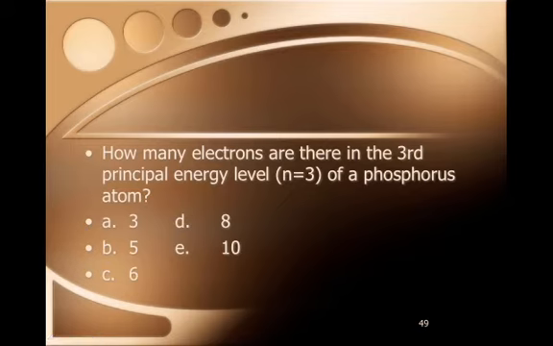How many electrons are in the 3rd principal energy level of phosphorus? So find phosphorus, number 15. 3p3. It is 5, yes. Why 5?